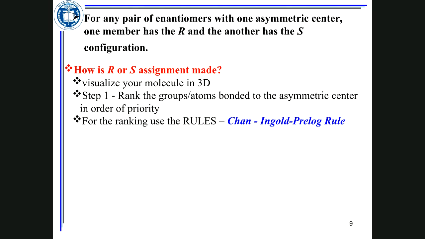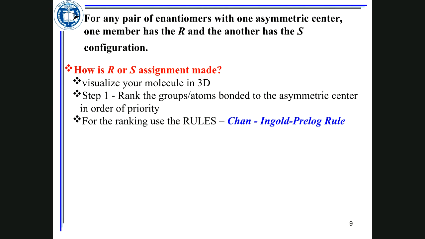Then you start numbering with the priority, going from the highest priority, number 1, 2, 3. Is it going clockwise or counterclockwise? If it's going 1, 2, 3 and it's moving clockwise, then the configuration of this molecule is going to be R configuration.